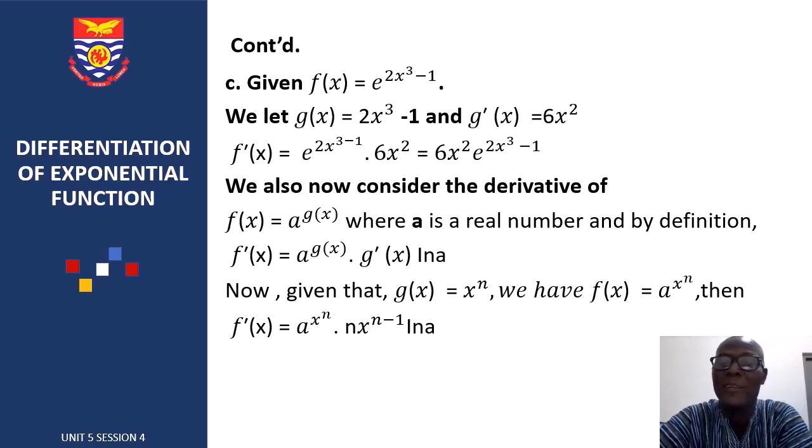Then we multiply that by ln a, then multiplying the given function. So to differentiate the exponential function a exponent g of x, we differentiate the exponent, multiply it by ln of the base a, then use it to multiply the given function.